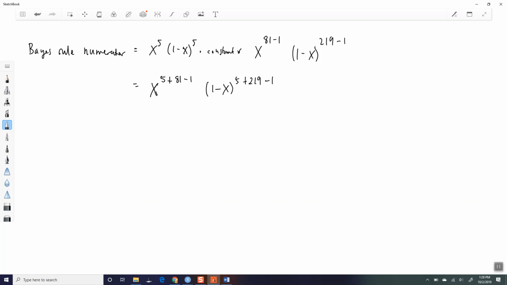We could crunch this out and we would get x to the 85, but I'm actually going to leave it as 86 minus 1, and over here I'm going to leave it as 1 minus x to the 214 minus 1. There's a reason for that. I'm also going to ignore this constant and change this to is proportional to.